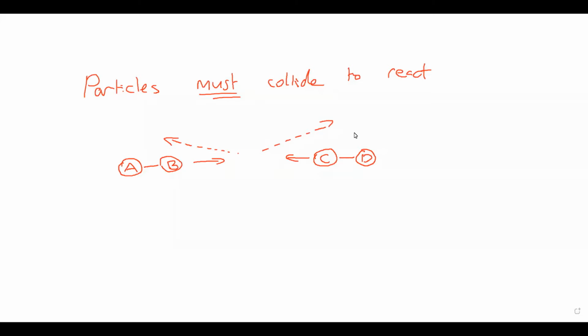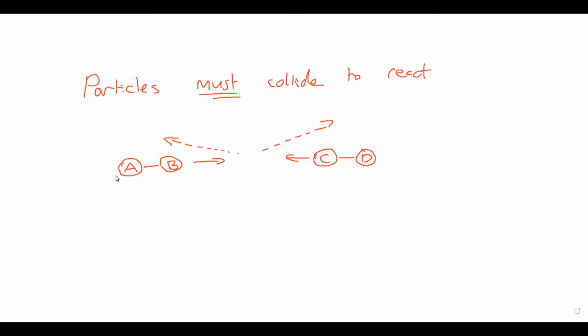Now, this is the likely scenario. They will bounce into each other and they will move away again without having reacted. So you'll get AB still on the left and CD still on the right. This is just to point out that they do not react every time they hit each other. They need the right conditions for a reaction to take place.